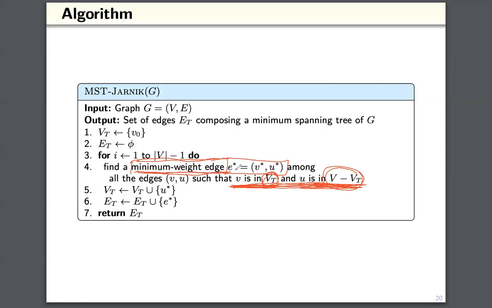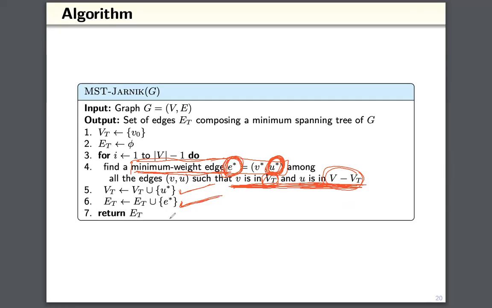Then what you do is, U star is outside the tree, right? Here, look at this, U star is outside the tree. Pull that U star into the set of vertices of the tree and pull that edge itself, E star, into the edges of the tree, right?